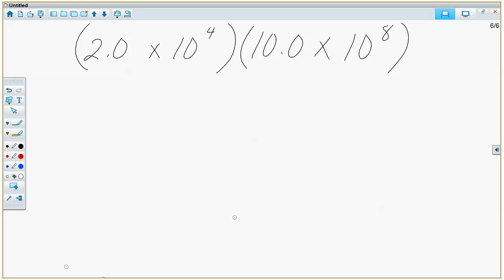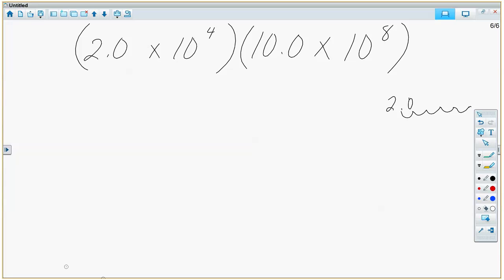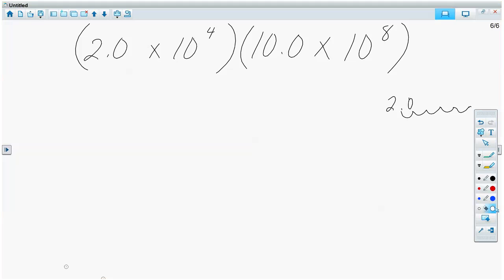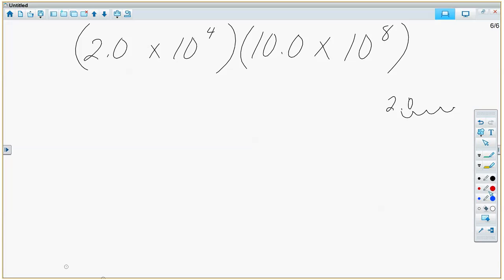This is what one person did. You're going to watch, you're doing it the wrong way. 2.0. Let's see, 1, 2, 3, 4, 5. This is what one person did one semester. And they did this. Everybody with me? Yeah. And then they did times 10. 1, 2, 3, 4, 5, 6, 7, 8.